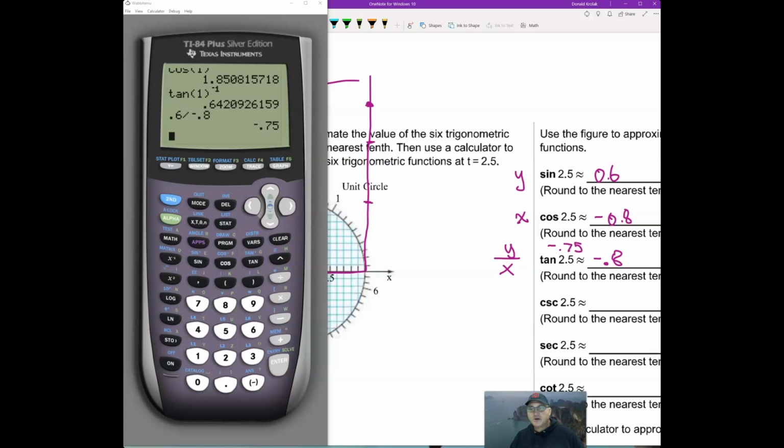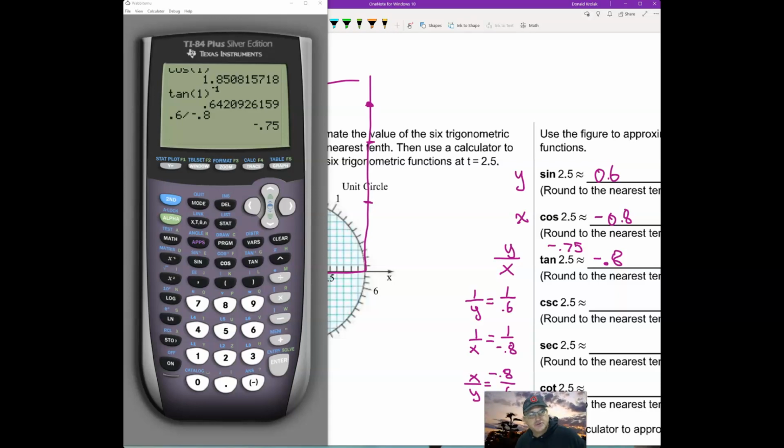All right, now to do our cosecant. Cosecant is the reciprocal of sine. So this is going to be 1 over y, 1 divided by 6/10. The secant is 1 over x, so that's going to be 1 divided by negative 8/10. And then our cotangent is x over y, so that's going to be negative 8/10 divided by 6/10.